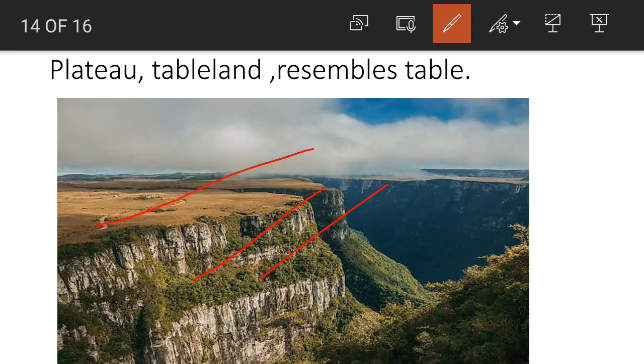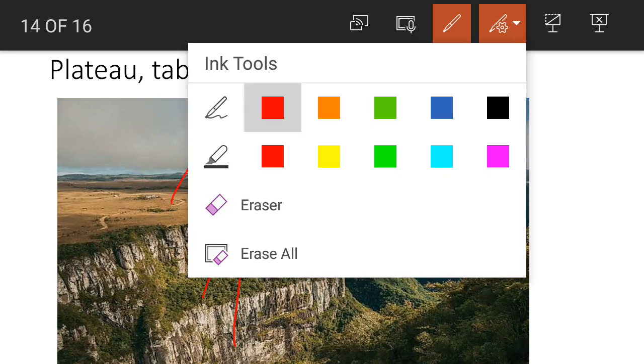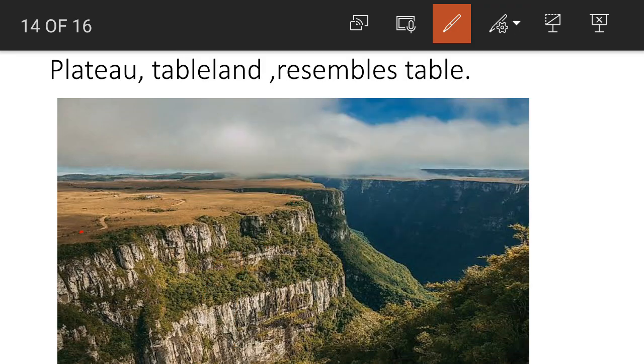It is flat at the top. Those are high land, and they are not like mountains. They are flat at the top. So these are known as plateau or tableland, because it looks like a table.